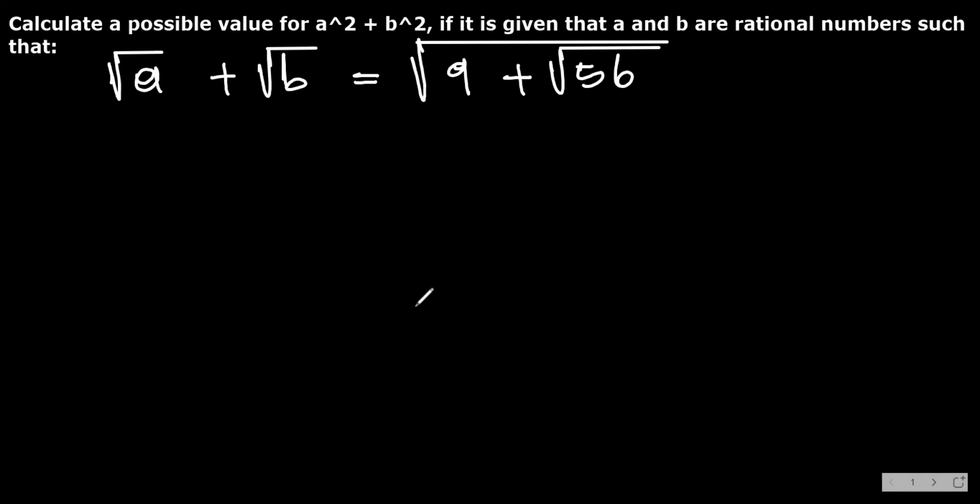This one says we need to calculate a possible value for a squared plus b squared. If it is given that a and b are rational numbers such that square root a plus square root b will be equal to square root 9 plus square root 56.